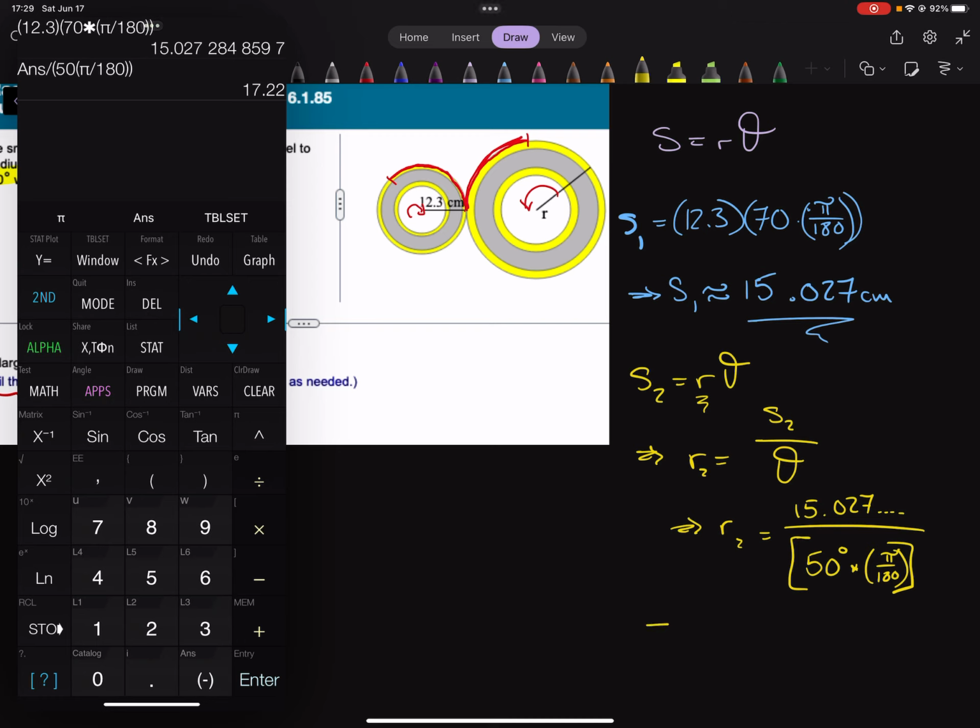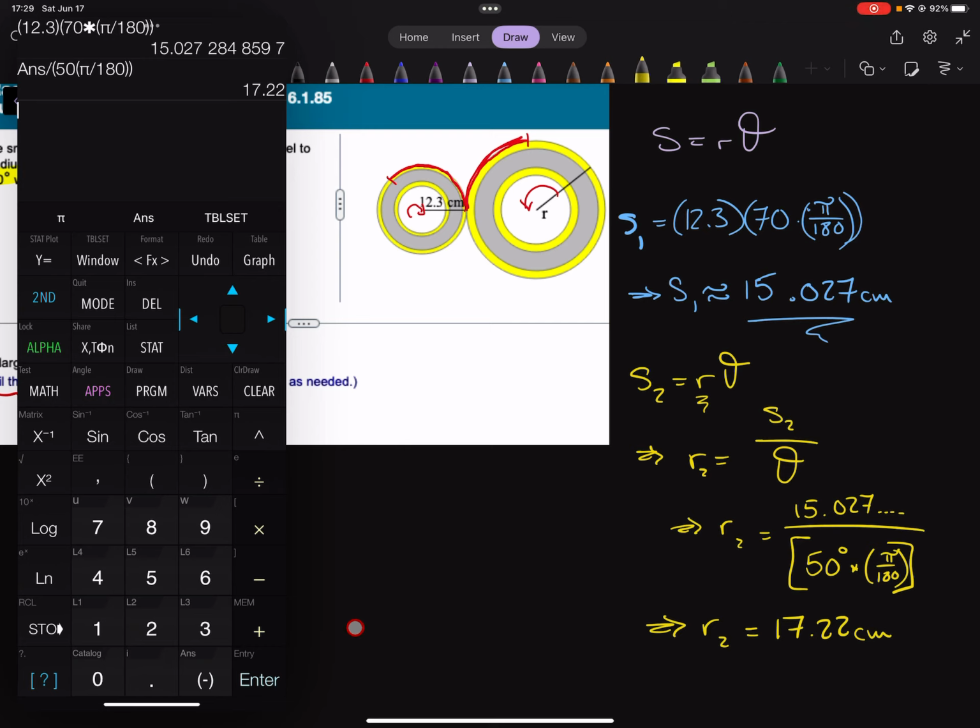I get the radius of that second wheel, and it is exactly 17.22 centimeters.